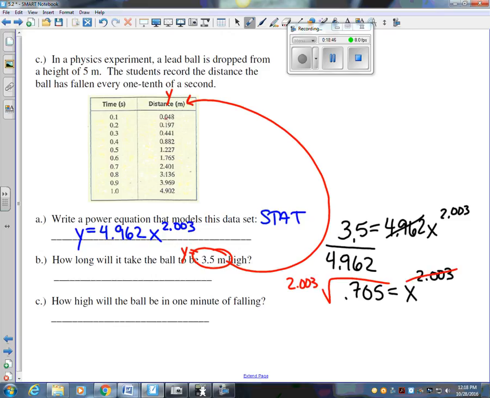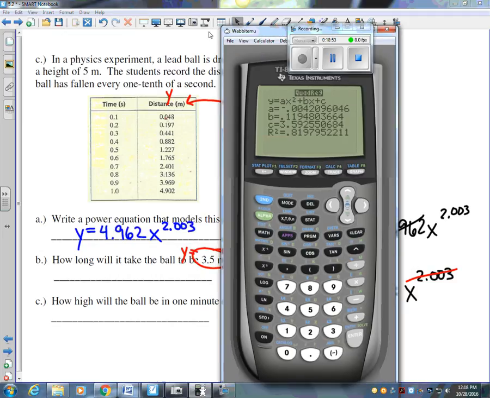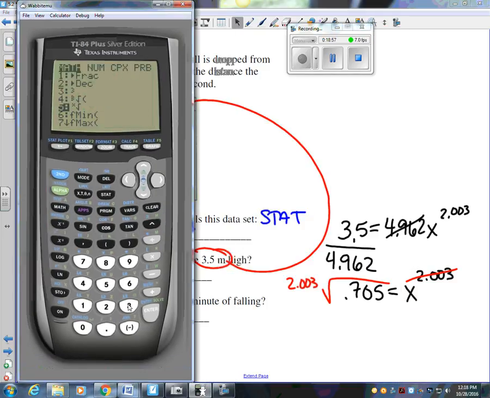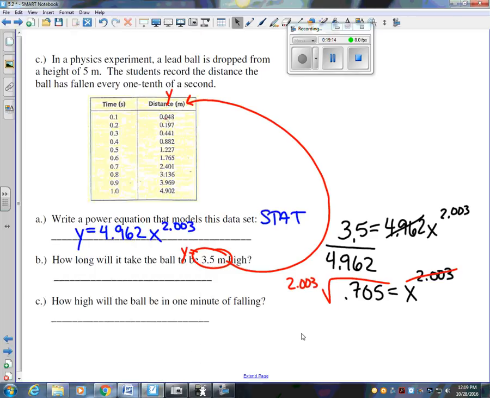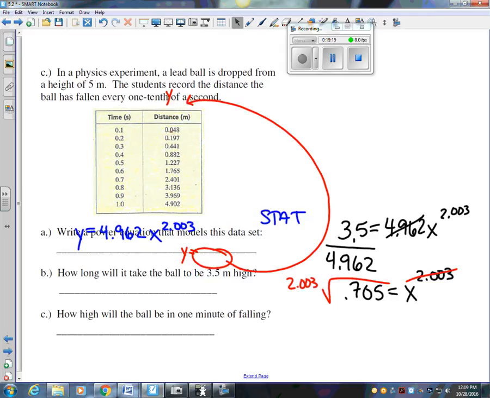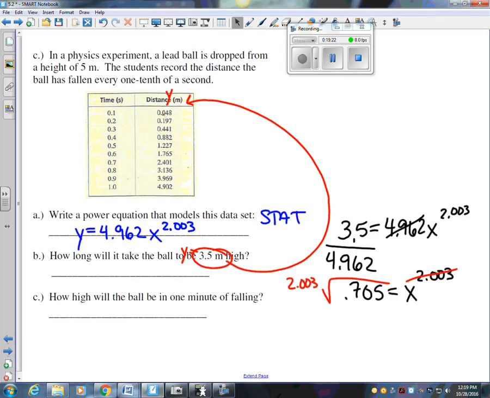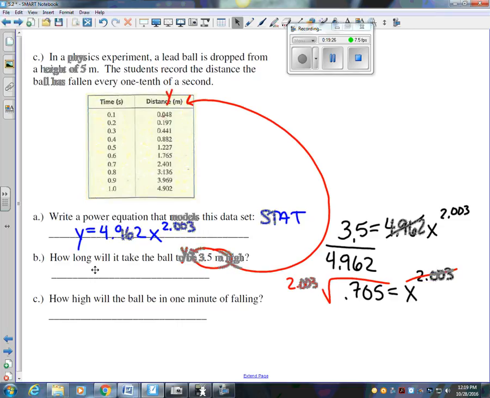So hit the math button on your calculator and go down to number 5 and hit over, and you're going to type in 2.003 on the outside, 0.705 on the inside, and you get 0.84 is what that's going to round to. So x is 0.84. And that's seconds.